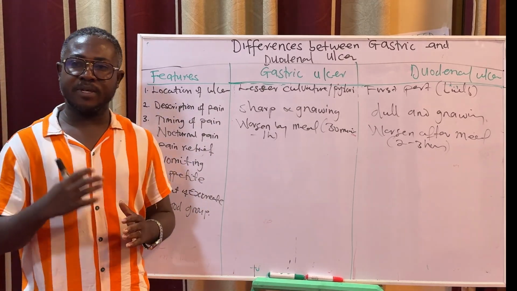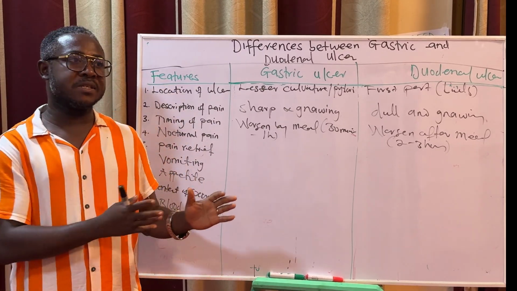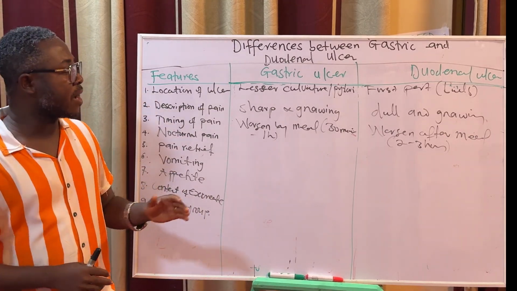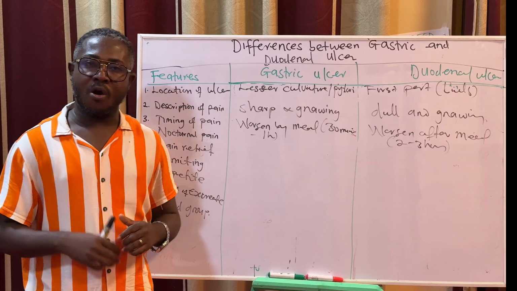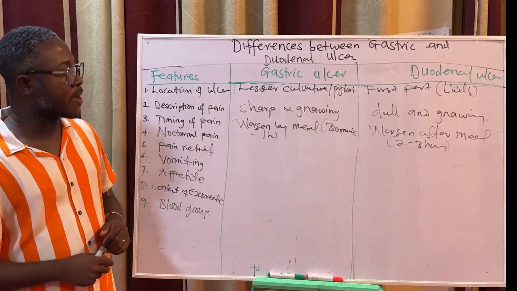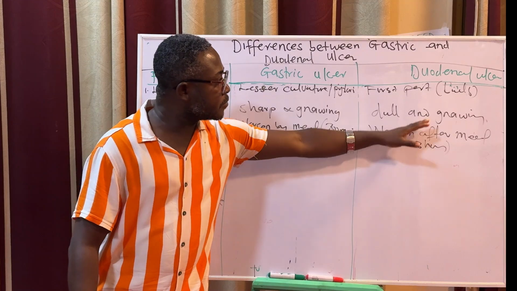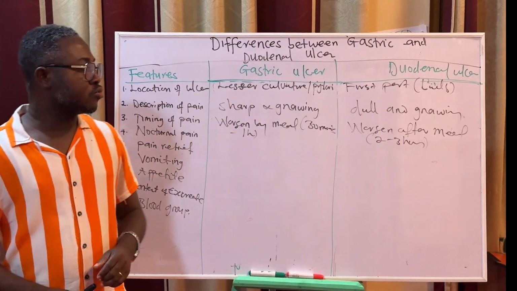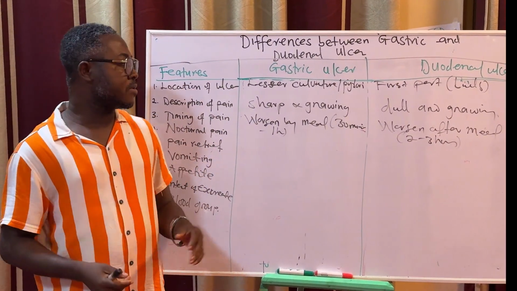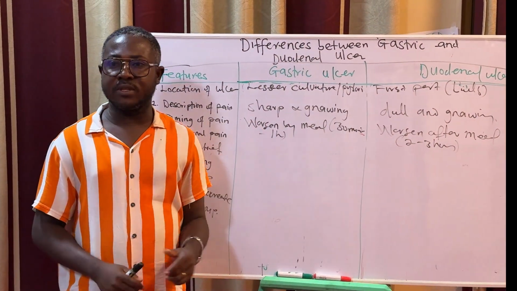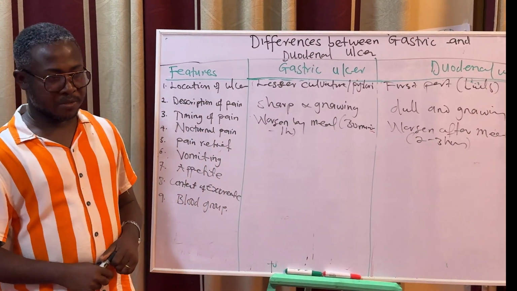And again, the food substances that have been digested and then sent into the duodenum are also alkaline in nature, and that will help to soothe the ulcer within the duodenum. And that is why normally patients with duodenal ulcer do not experience pain during meal time, but rather after 2 to 3 hours of meal.